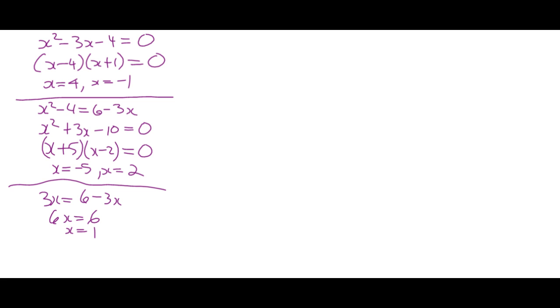And now we should be able to sketch this out and kind of put the points. All right, so we know that we need x values of negative 5, negative 1, 1, 2, and 4.